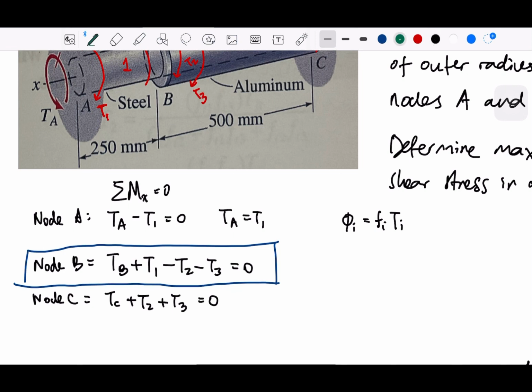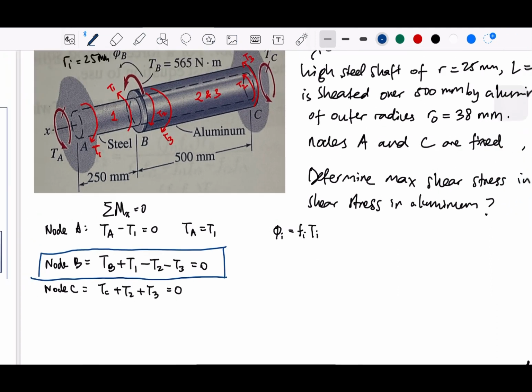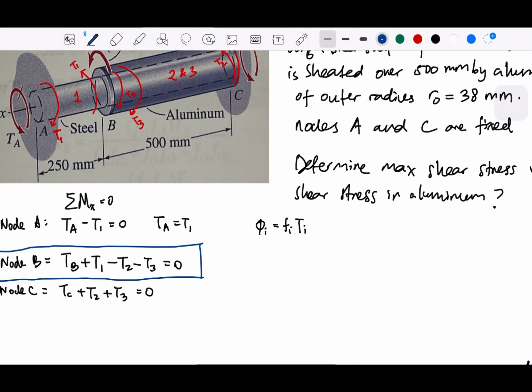Now, since we have all the information, we can find the element force. So the element force is equal to L over G and I. We can find the inertia for the steel material, which is 1 and 2.